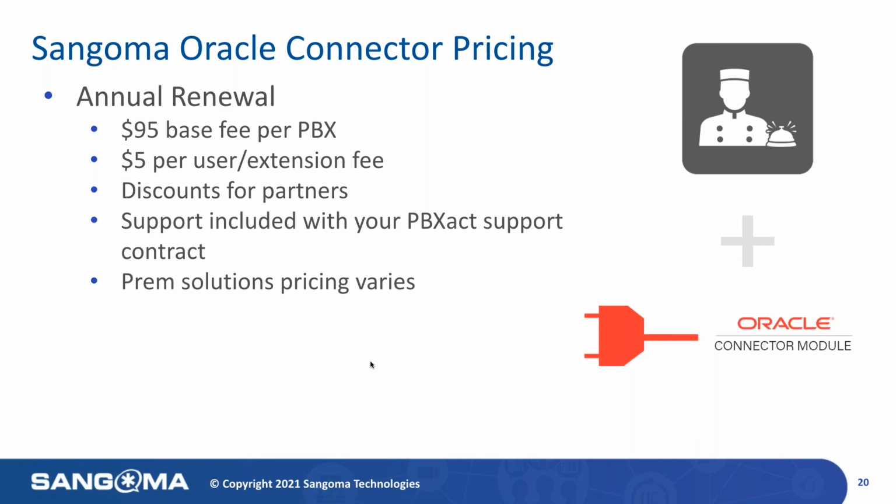So if you have a 200-room hotel, you're probably going to be in the let's call it 225, 230 extension range by the time you add in all the other phones that you may need out there. So your fee for the Oracle connector module would be $95 plus that 225 users times $5.